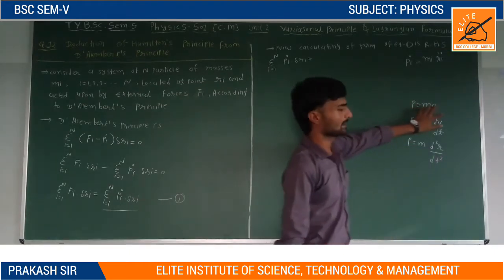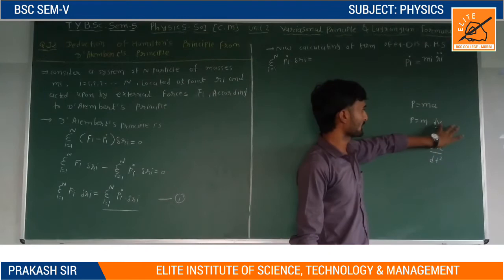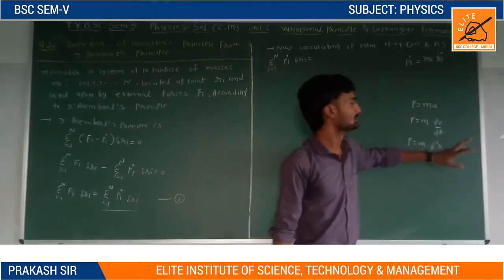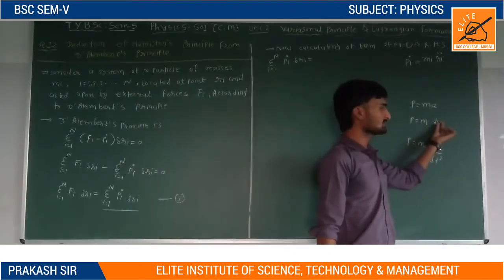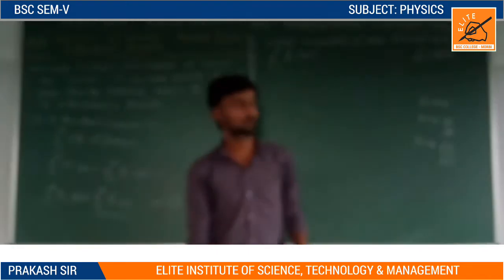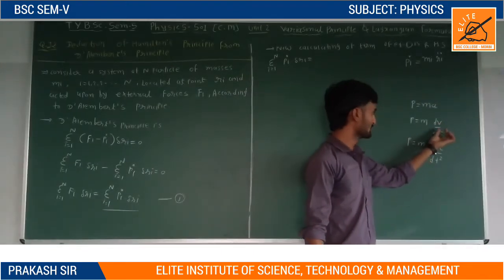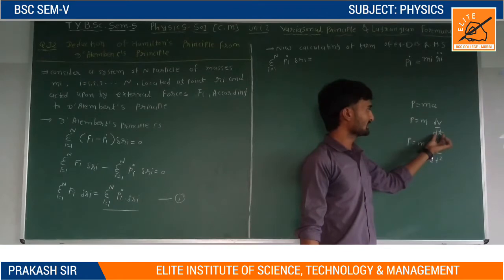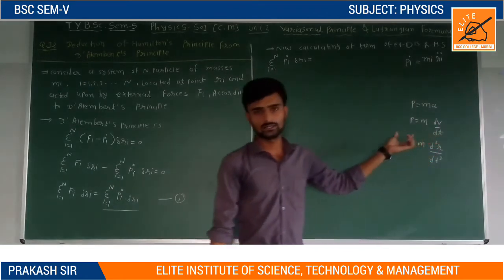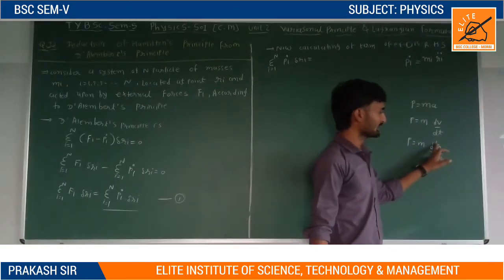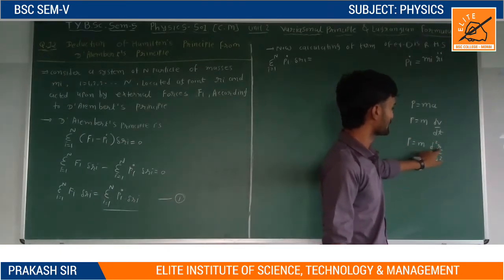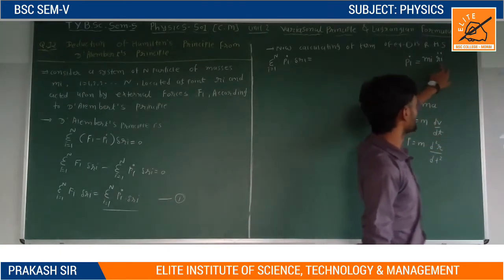p is equal to m a, where a is the derivative of velocity with respect to time, so dv upon dt. And v is the derivative of position with respect to time, v equals dr upon dt, so a is d square r upon dt square, the double derivative of the r coordinate with respect to time, so ri double dot.